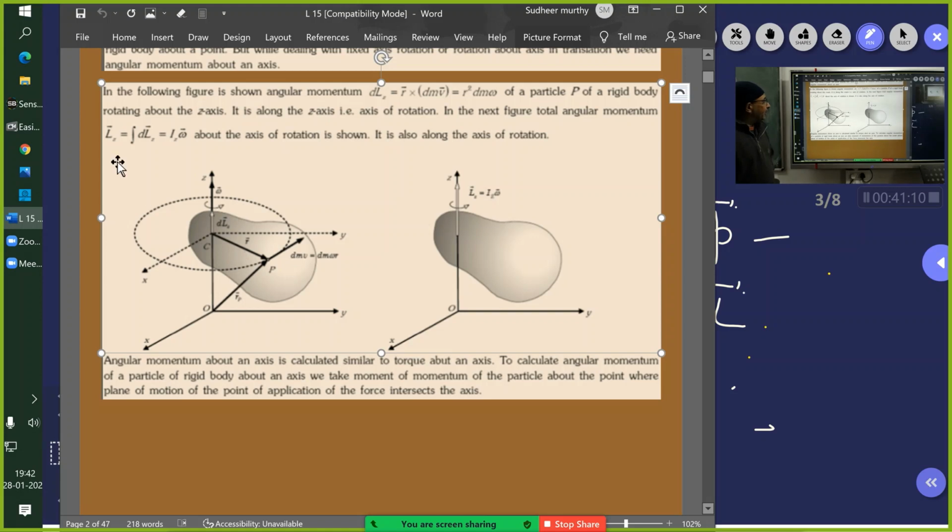Now if you integrate all such dL bars, then you will get the L bar, and this axis I am designating as the Z axis. So L bar Z will be the integration of dLz, that is equal to Iz omega. Iz is the moment of inertia of this body about this axis.